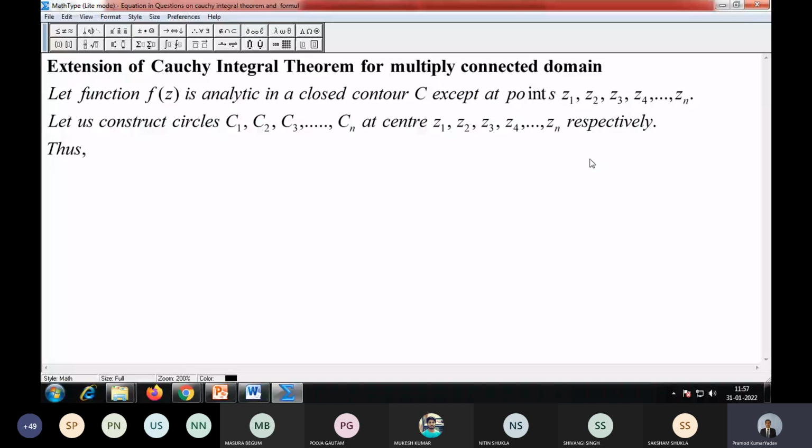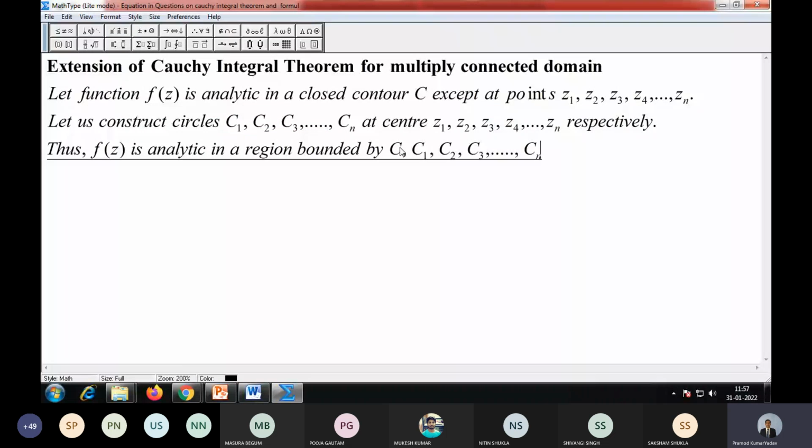Thus, the function f(z) is analytic in the region bounded by C, C1, C2, and so on, Cn. Am I right or not?